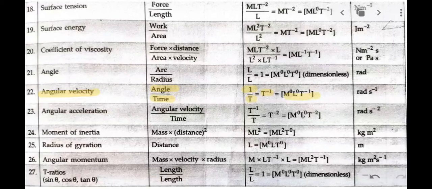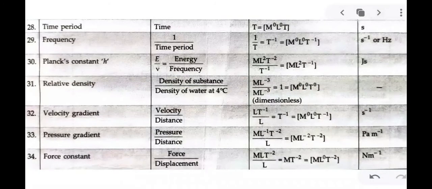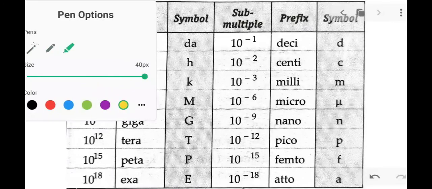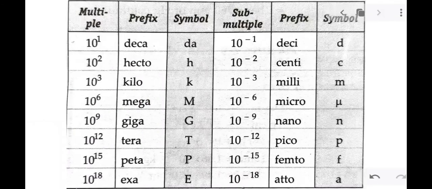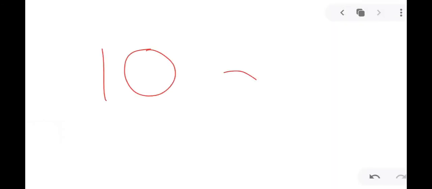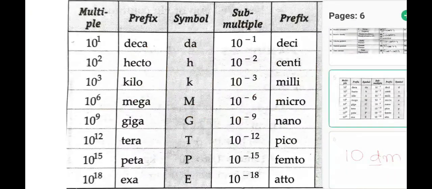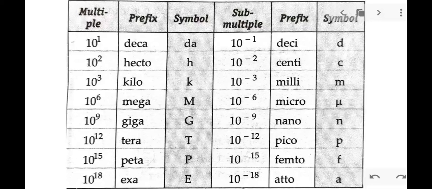Next we have the chart for power of 10. Suppose you write anything, ten decameter. This D is for deca. We know deca means 10 to the power 1.